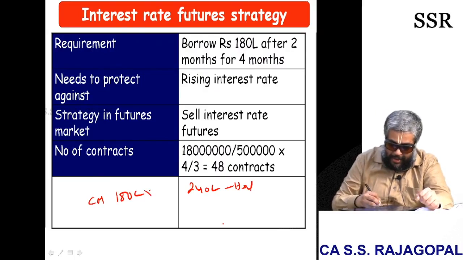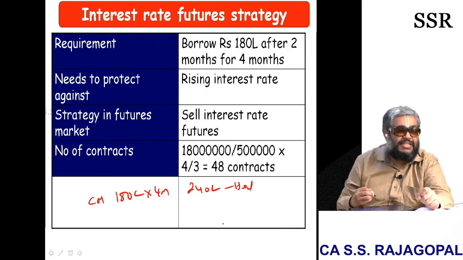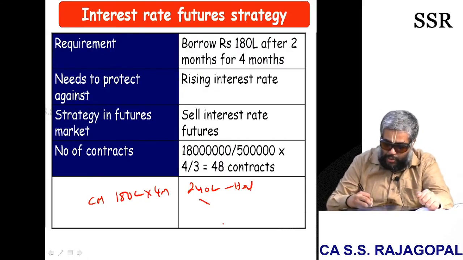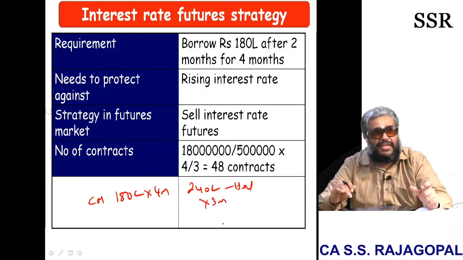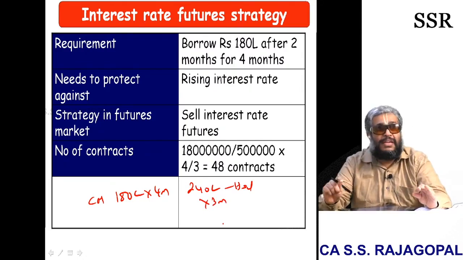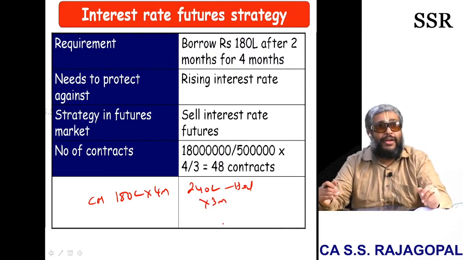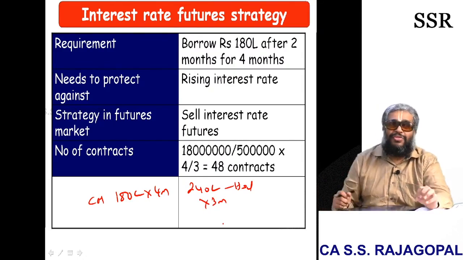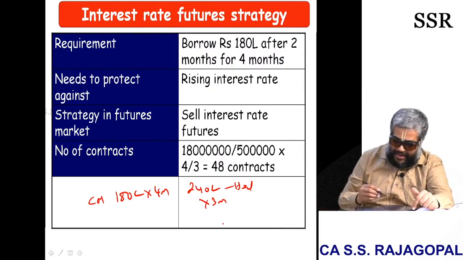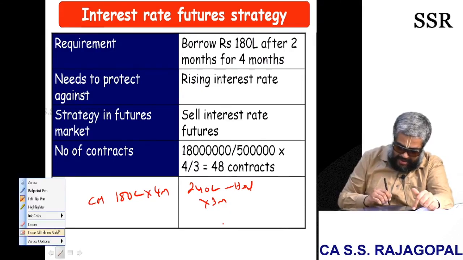The reason is, on 180 lakhs I have to hedge 4 months interest, which can be hedged on 240 lakhs using 3 months futures. Yes or no? Everybody understanding? The number of contracts is increased.